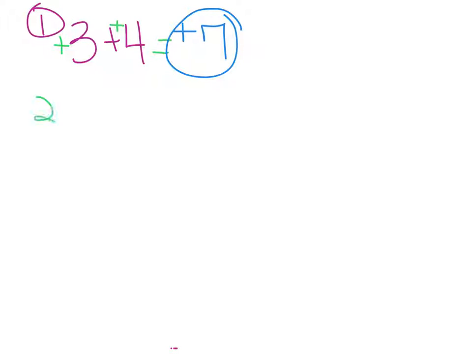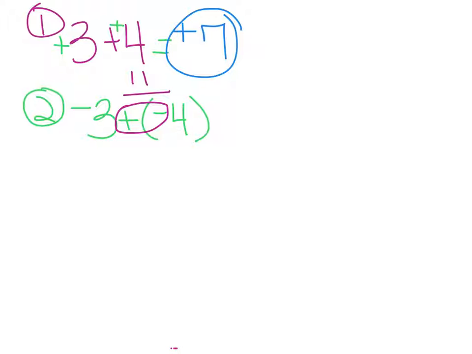Our second example. Now let's say that I had negative 3 plus negative 4. They always put parentheses around the negative number because this is the way I like to see it. These two are allergic to each other, and if they went near each other, scary things would happen. So we don't mix our positive and negative numbers. They're not allowed to touch. The next thing is going to be a negative plus a negative. So what I like to say is I owe somebody $3 and I owe somebody $4.